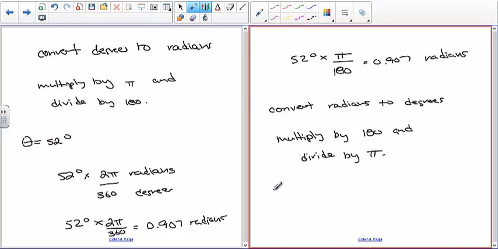So let's say theta is given in radians, so it's 2.7 radians. So all I have to do is take 2.7 radians and multiply by 180 divided by, so that's 180 degrees per pi radians.